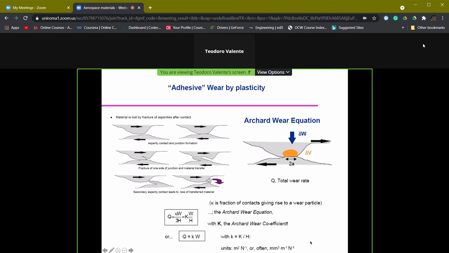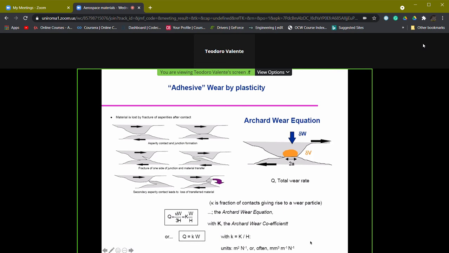The real contact area is the one linked to the asperities contact, not to the geometric definition which we use, for example, in the case of flat surfaces.